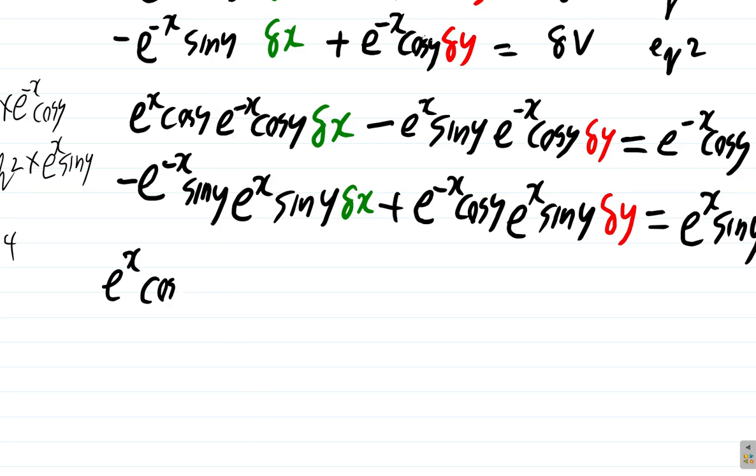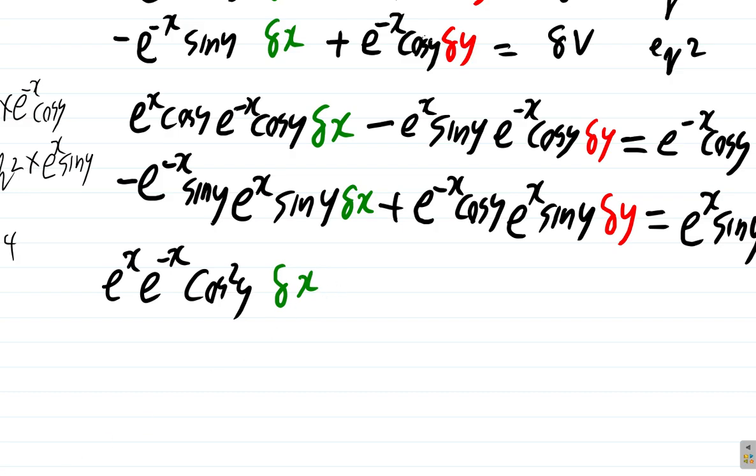Let's rearrange this in the meantime. This is e to the x, e to the negative x, cos y, cos y, cos y, cos y is cos squared y, times our del x.